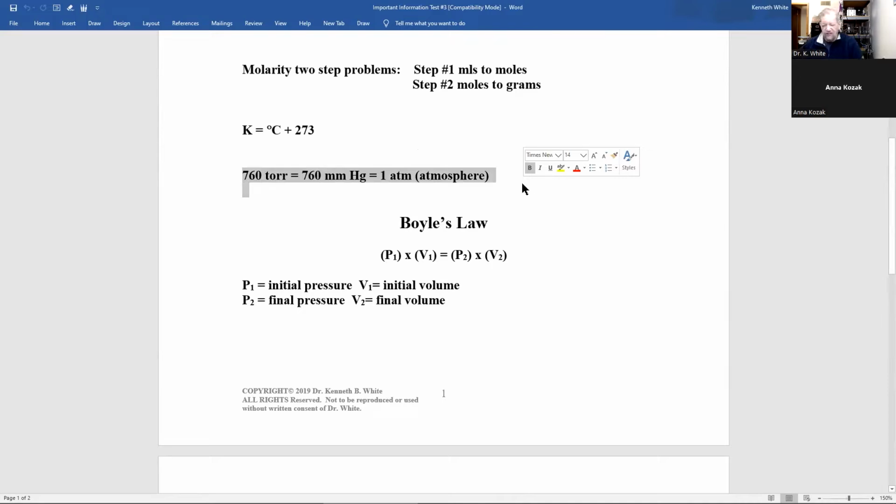In the past, students had to memorize this. I'm just asking you to know how to use it. And here, 760 torr equals 1 atmosphere, also equals 760 millimeters of mercury.